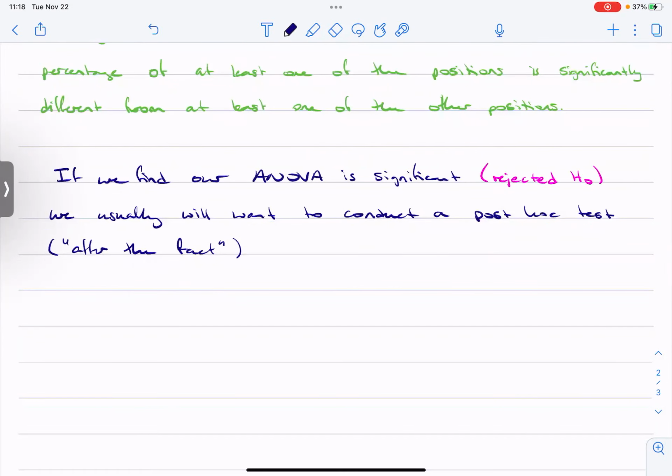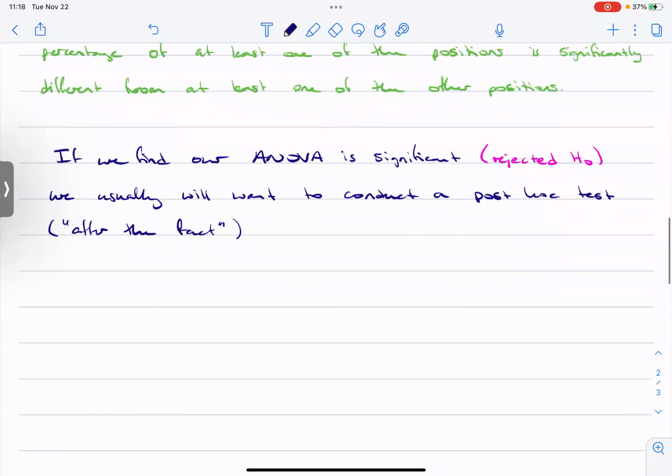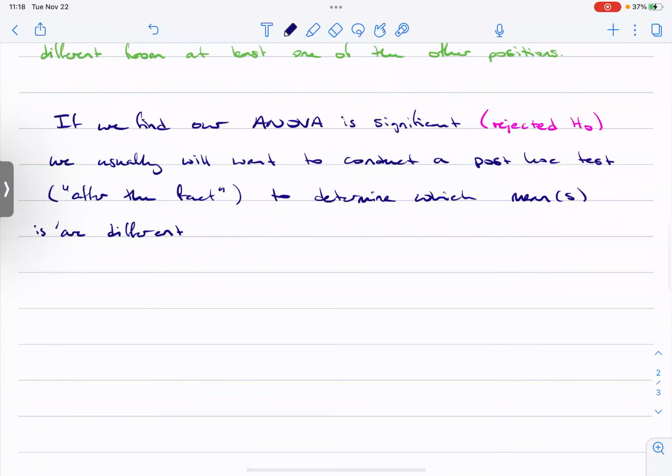Anyways, so if we find that our ANOVA is significant, we usually want to conduct a post hoc test to determine which groups are different from each other, or which means are different from the others.